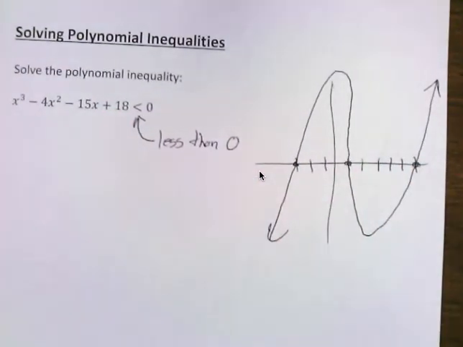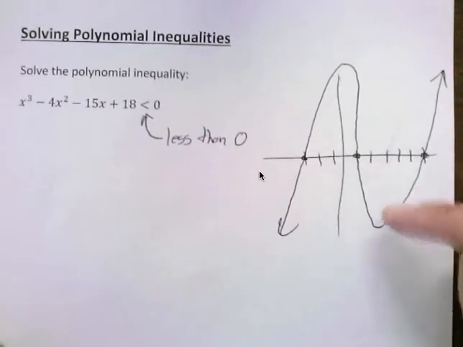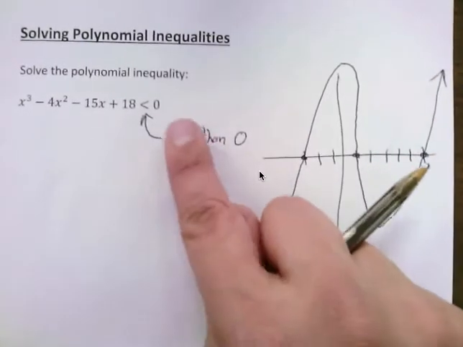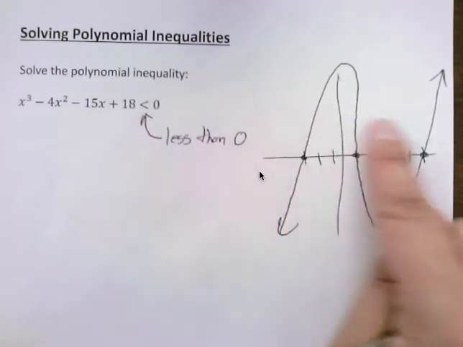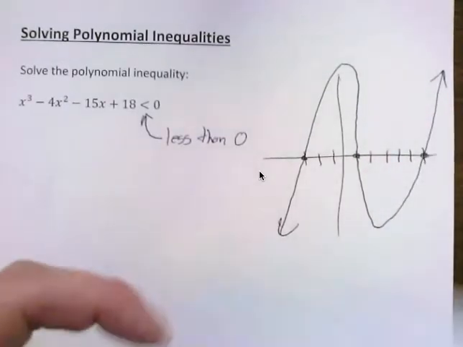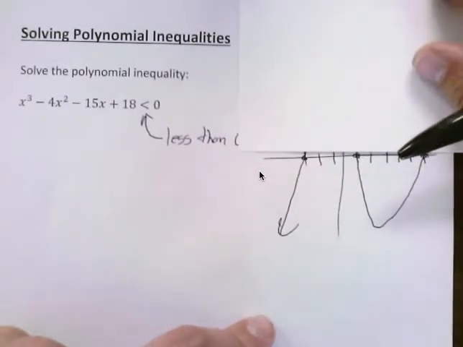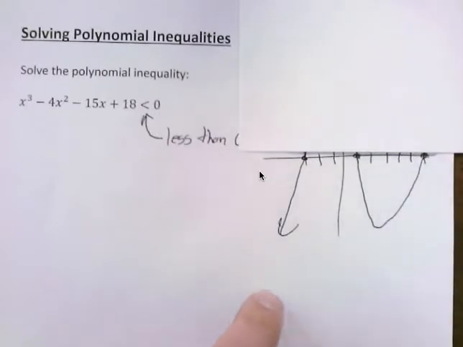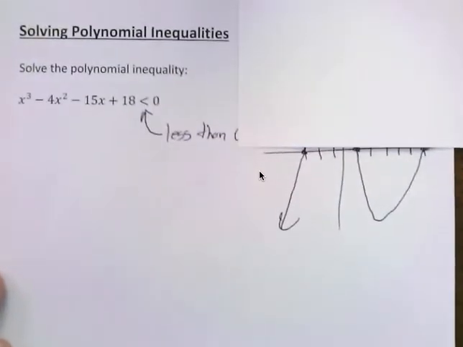Well, all parts of the polynomial that are less than 0 are below the x-axis. If this had said greater than 0, then we'd worry about the top part. So I'm only concerned about the bottom part, so I'm going to use a note card here and only look at the bottom.